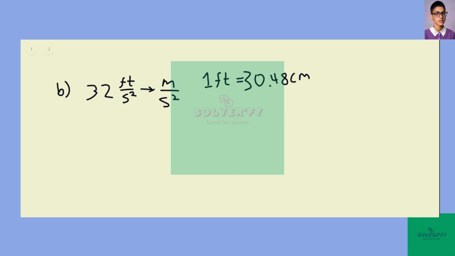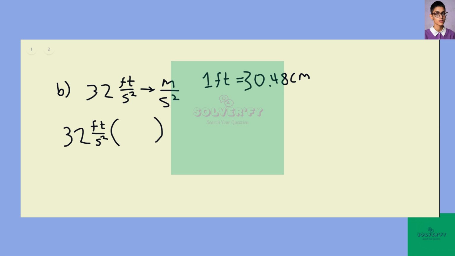The quantity they give us goes from feet to centimeters, and we'll see in a little bit how we can deal with that. So from 32 feet per second squared, just like the previous problem, we only multiply by 1. We want to get rid of this unit of feet.